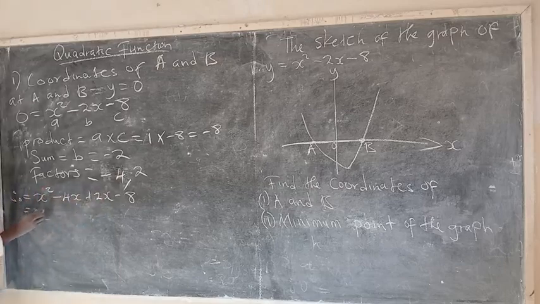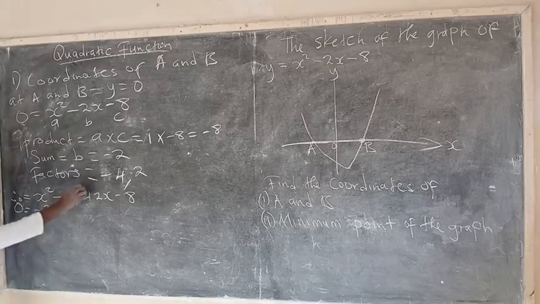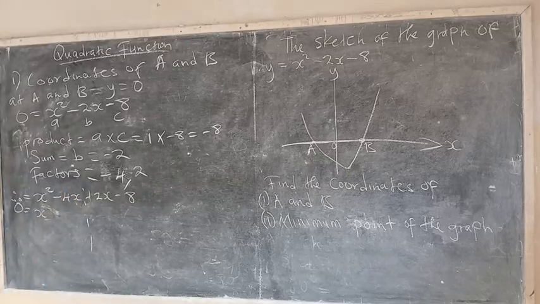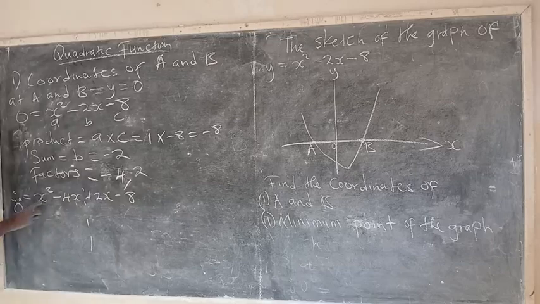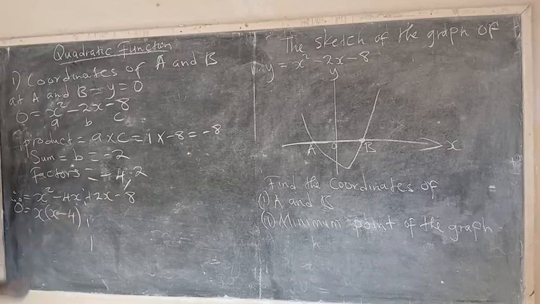So we have 0, x squared, and we are going to factorize in pairs. Upon factorizing in pairs, we are going to find that here the x is common, in which we are going to remain with x minus 4.